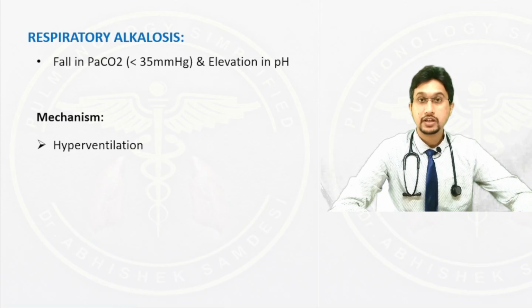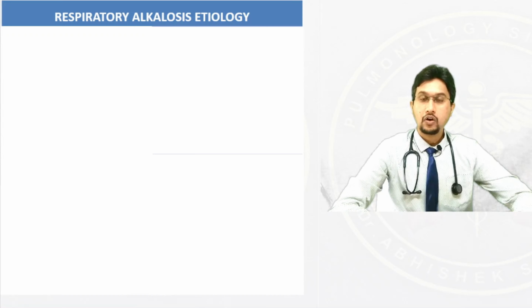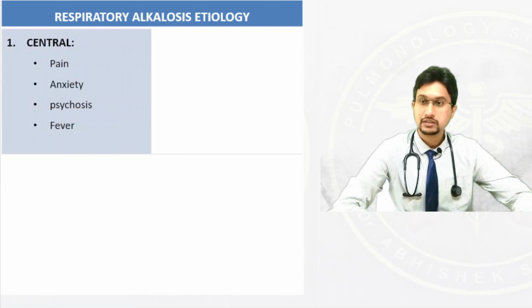Now let us have a look at the causes of respiratory alkalosis. All the causes of respiratory alkalosis are going to cause the patient to hyperventilate. So let us have a look at the causes. The causes can be central causes such as pain, anxiety, psychosis or fever.